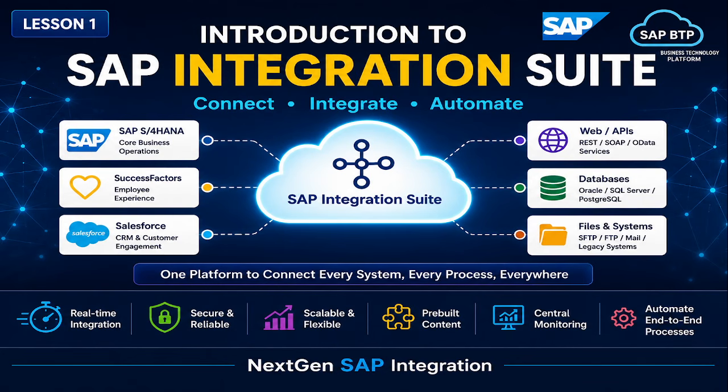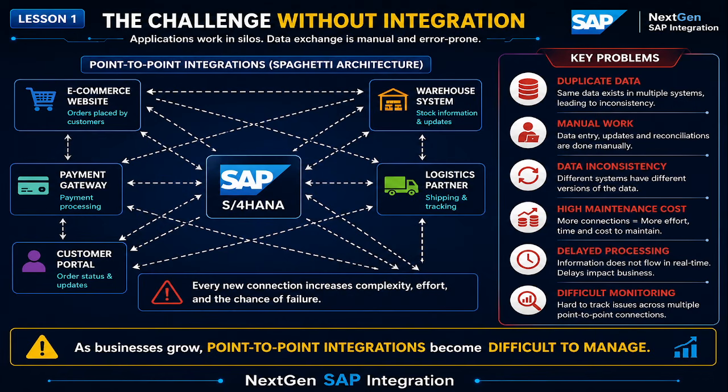Instead of building separate connections between every application, organizations use one intelligent integration platform. By the end of this lesson, you will understand why SAP Integration Suite is considered the backbone of modern enterprise integration.